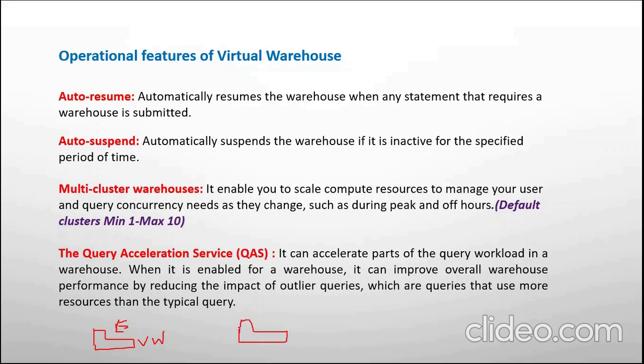There are 3 to 4 or 5 gears. These gears we treat as multi-clusters. The speed depends upon the gears, right? First gear, second and third gear. Understand? So the engine is the virtual warehouse, and the gear system we consider as multi-clusters. If you want to move fast, you can shift to 2 to 3 gear, 3 to 4, so it automatically increases the speed.